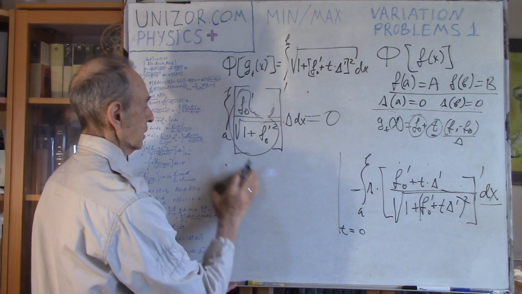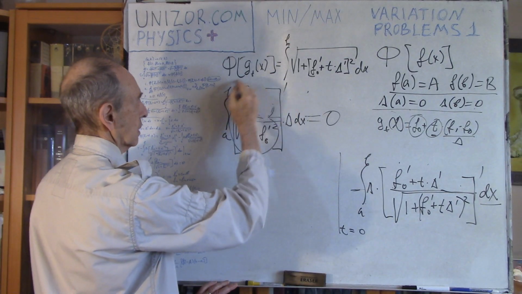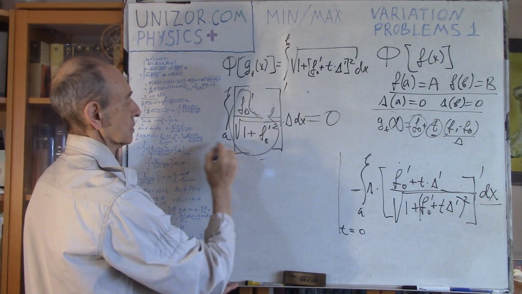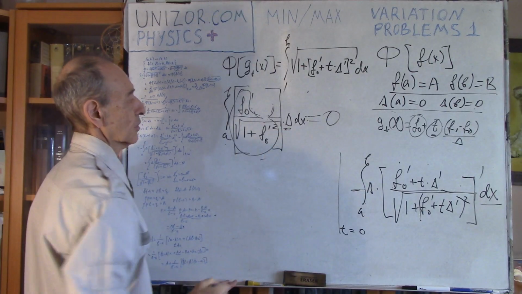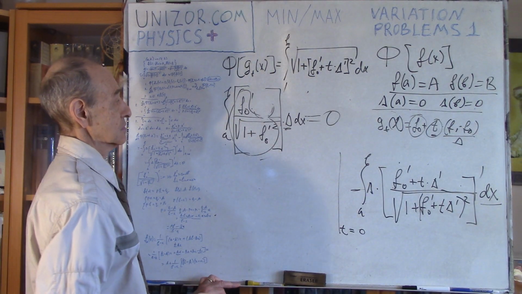I forgot to put another prime, sorry. This one, and then delta prime dx. So my function must be equal to 0 under the integral if its product with any other function has integral equal to 0.